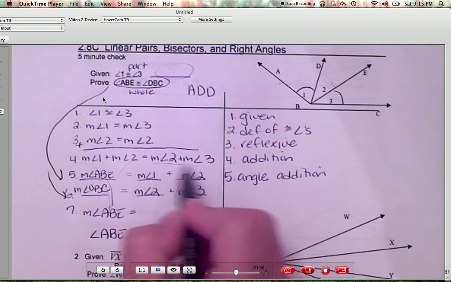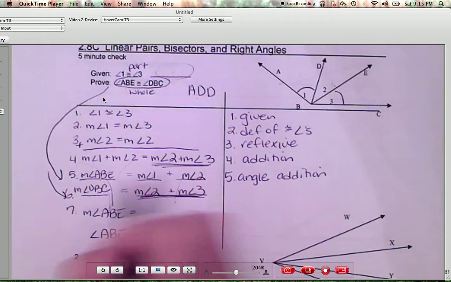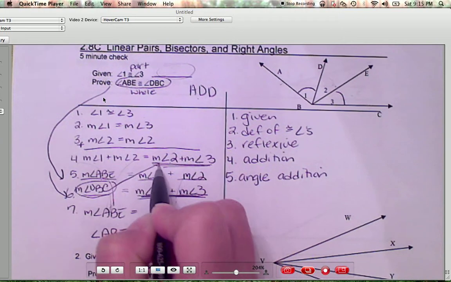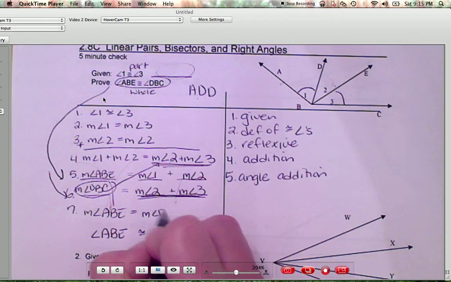And instead of writing angle 2 plus 3, we're going to take DBC and put it in the place of that, or condense it down into the measure of angle DBC.